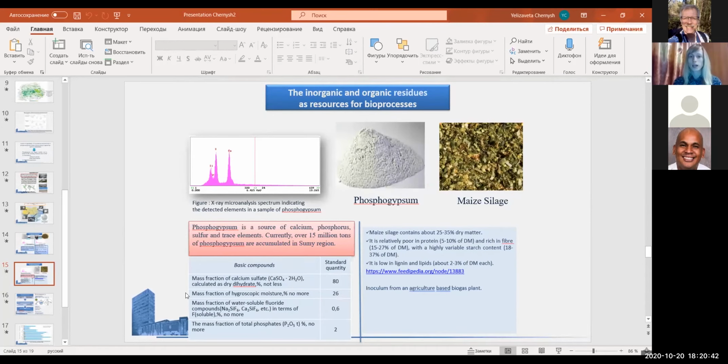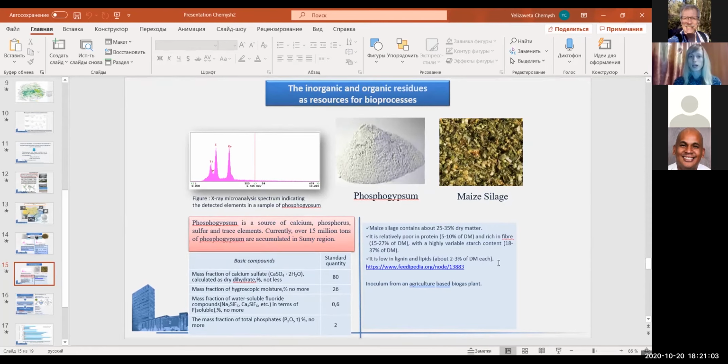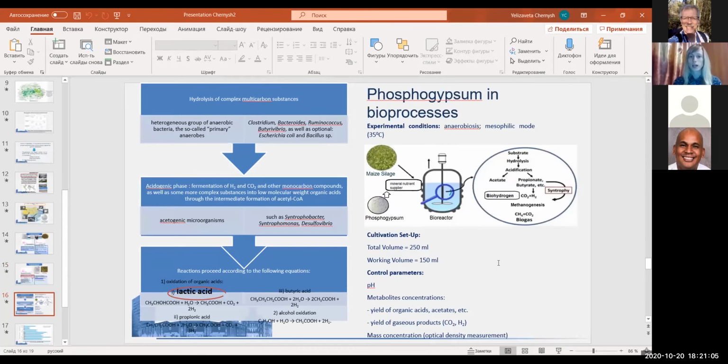It's an interesting sphere, and they can use different types of waste as sources of carbon, if it's organic waste, and sources of different types of nutrients and macro elements that can be useful in the fermentation, especially when we see processes of dark fermentation.